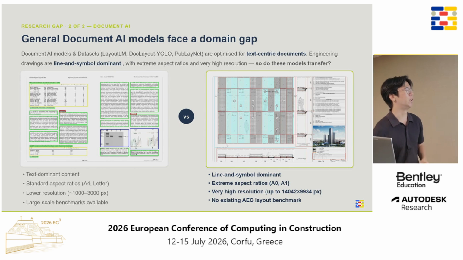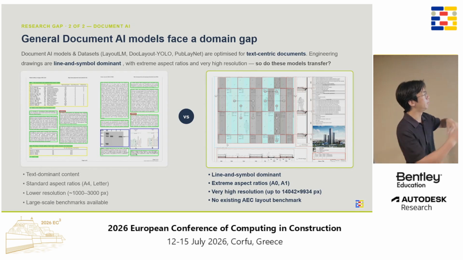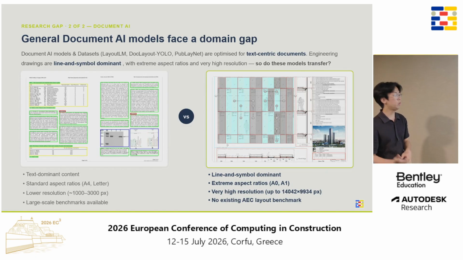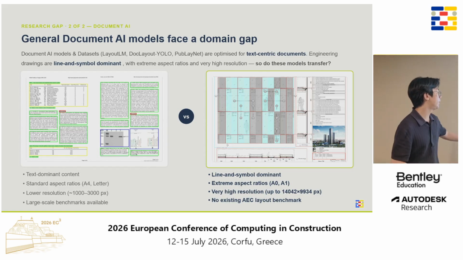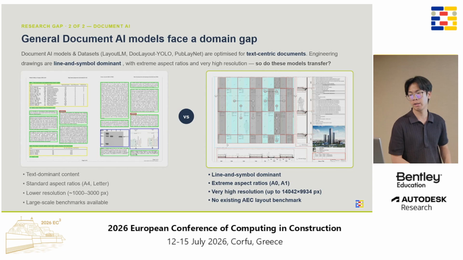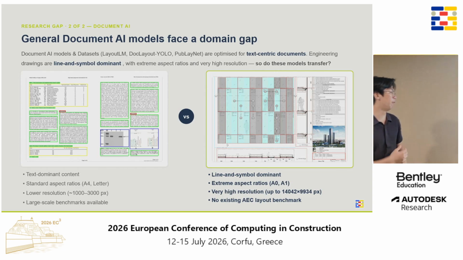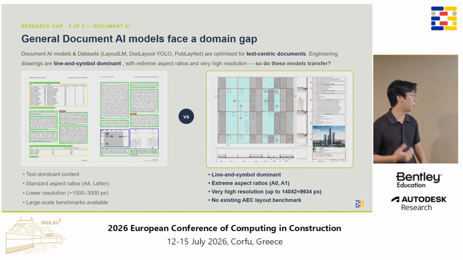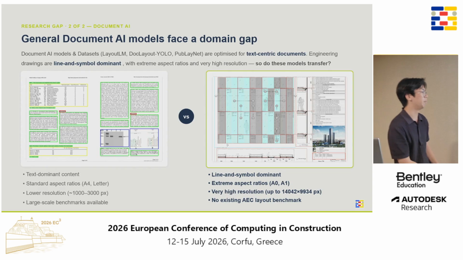They have around 80,000 public general documents. This is an example of general documents. But they are mostly text dominant, and they have very standardized aspect ratios. They're basically A4 paper. They have lower resolution compared to AEC drawings, and they do have large-scale public datasets and benchmarks available.